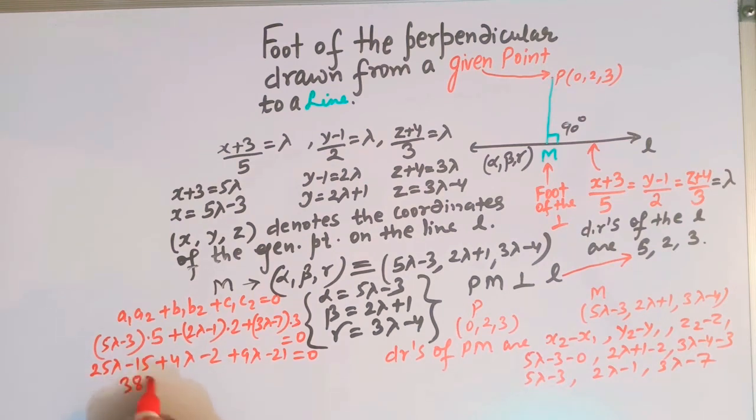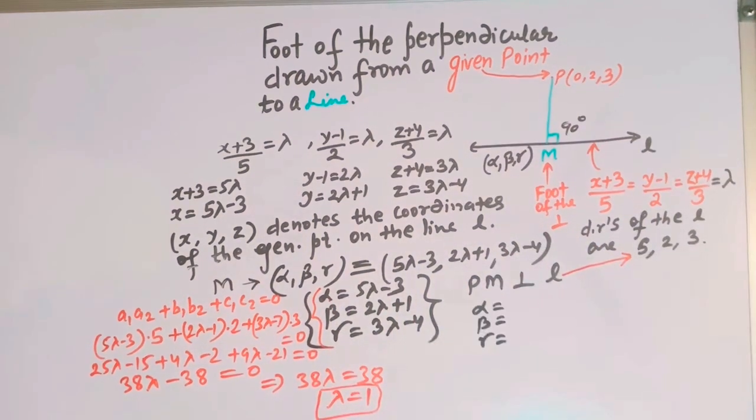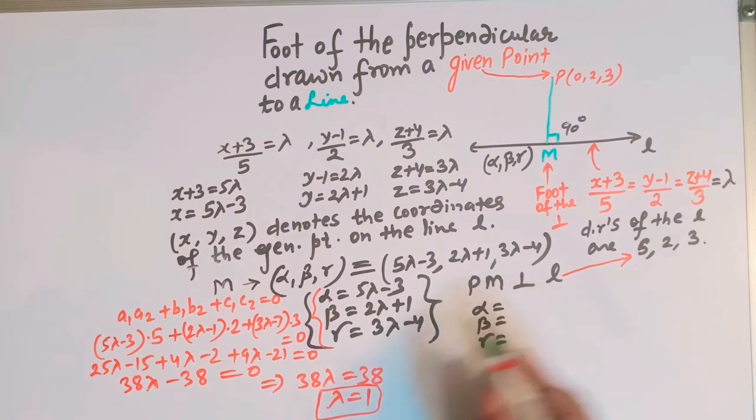Now if we solve this equation for lambda, we get 38 lambda minus 38 is equal to 0, and 38 lambda equal to 38, so lambda is equal to 1, right? So once we have obtained the value of lambda, we can easily find the values of alpha, beta and gamma, right? Now if we substitute this value of lambda here, we get the values of alpha, beta and gamma.